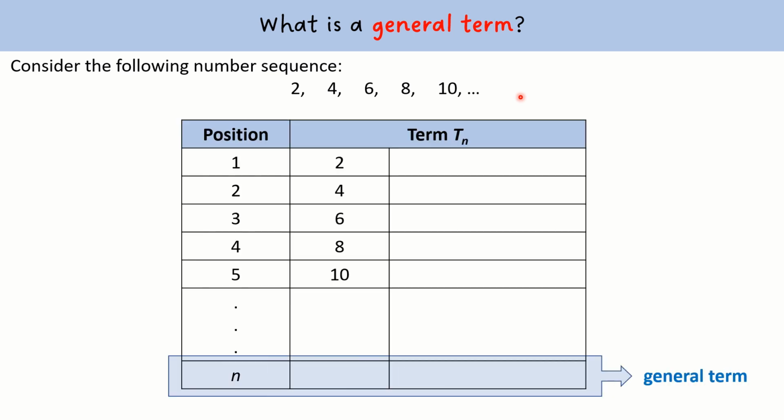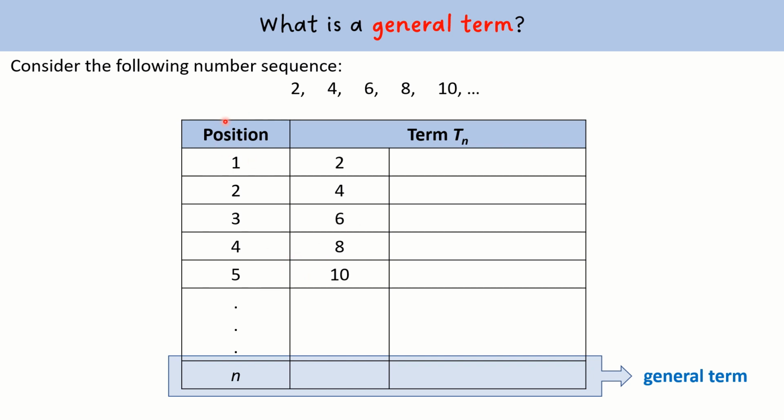Usually we're looking at a table that looks like this. Our position or term number is 1, whereby the term itself is the number 2. Then position number 2, we have the value of 4. Position number 3, I have the value of 6, and so on for position number 4 and position number 5.